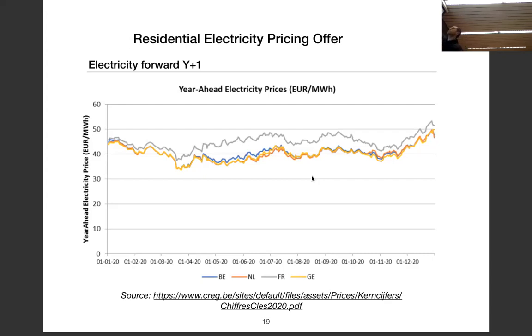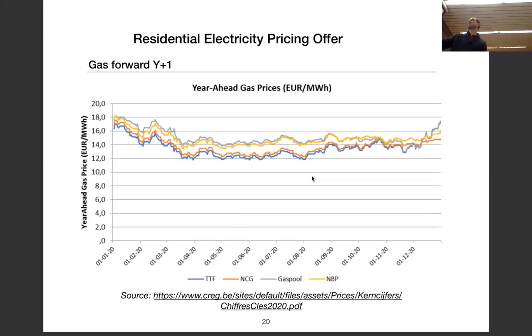And here you can see the difference between some countries. Belgium is in blue, France in gray, Germany in yellow, and Netherlands in orange. It's a little bit the same, but over the last year, the calendar prices were a little bit higher in France. And here you can start to see the increase that is happening.